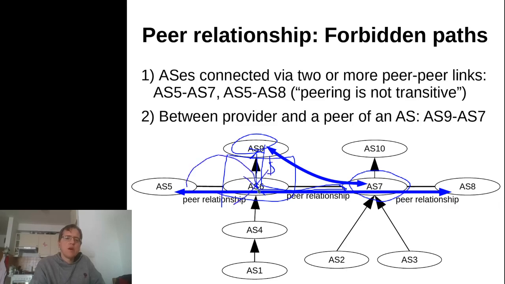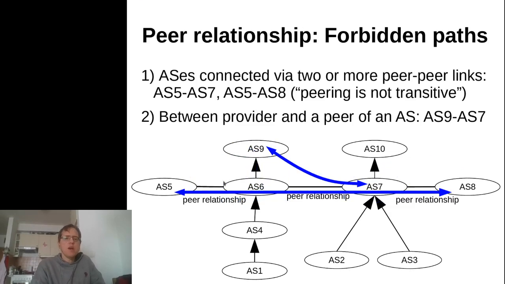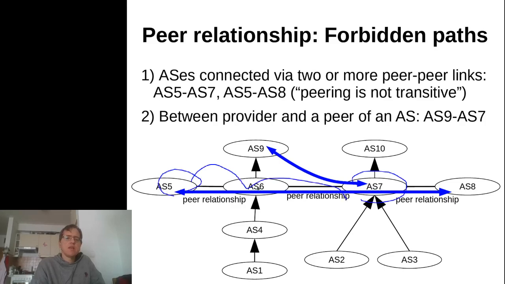The same goes for a succession of two or three or more peer links. These are also forbidden paths. If AS5 wants to exchange traffic with AS7 through AS6, then AS6 will basically say, okay, if you want to exchange traffic along that path, just pay me a transit fee.